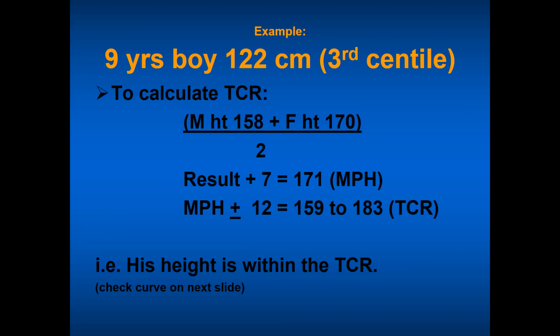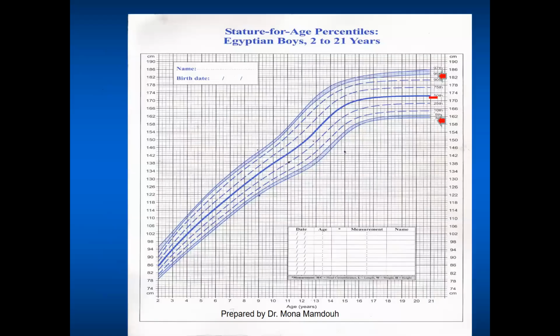How do we know this? If you check this figure with me, this is the Egyptian growth curve for boys, stature for age percentiles for boys from 2 to 21 years. If we check the x-axis, this is the 9 year old boy.